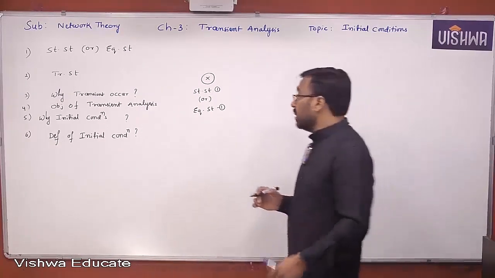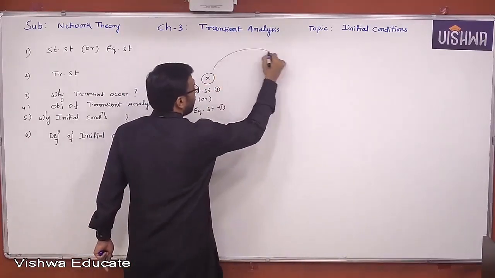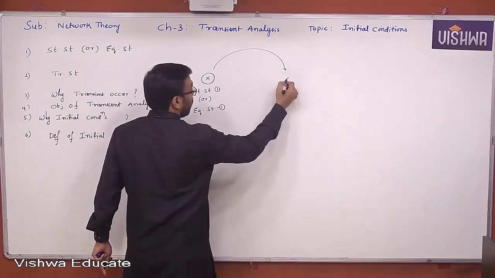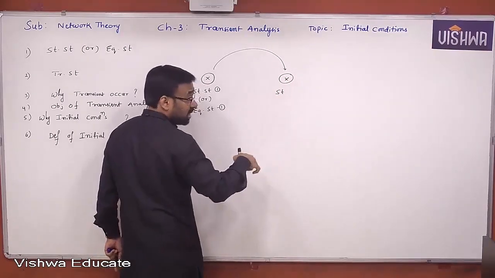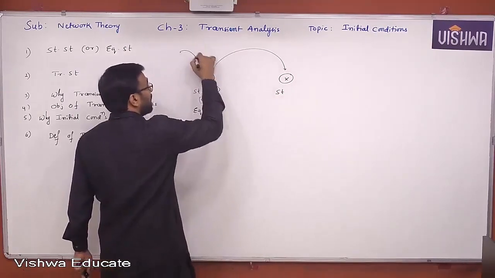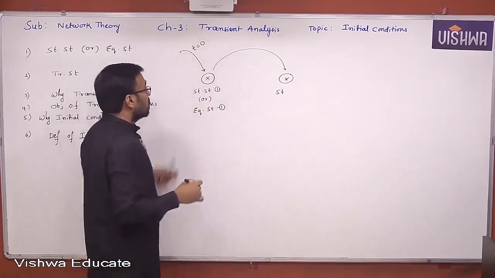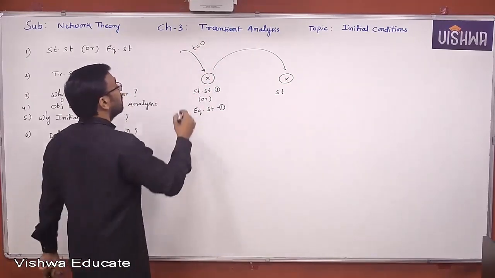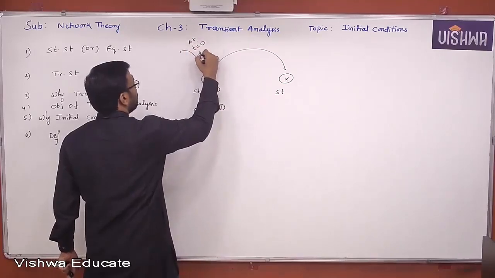What will happen? If it is really a stable system, it will definitely reach another equilibrium state. Agree, all of you? If it is a stable system, when a disturbance has occurred suddenly, intentionally or unintentionally, whatever, some disturbance is taking place at t equal to 0.